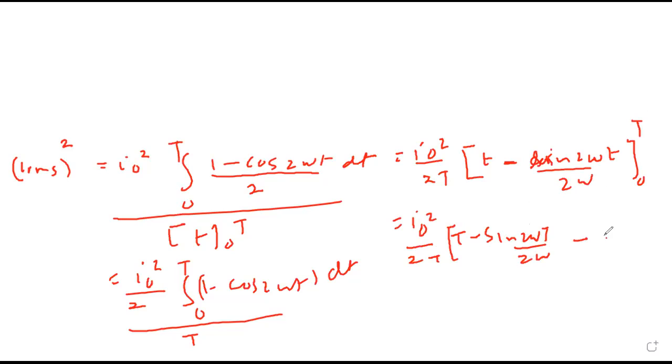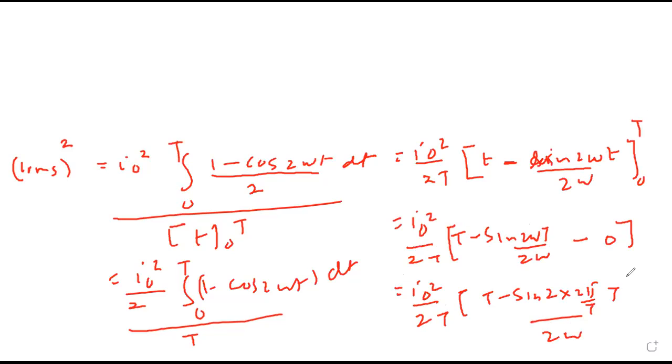This 0 when you substitute it will become 0. So I naught square upon 2T, T minus sine of 2 omega means 2 pi by time period into T upon 2 omega from 0. Okay, this much. This dt will get cancelled.